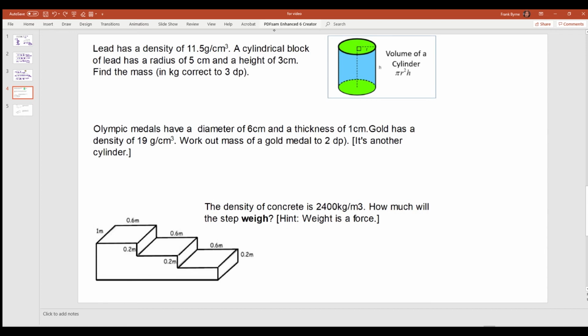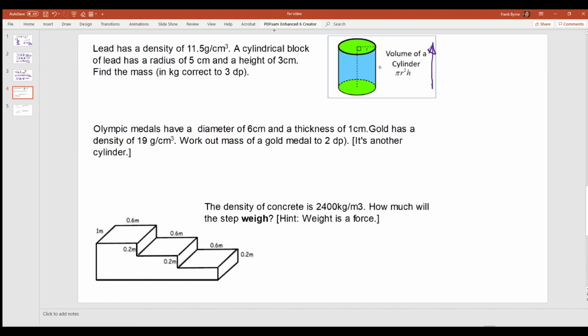Okay, lead has a density of 11.5 grams per centimeter cubed. A cylindrical block of lead has a radius of 5 centimeters and a height of 3. Find the mass in kilograms. Now this is probably a little bit more difficult than you'd get in a GCSE paper.